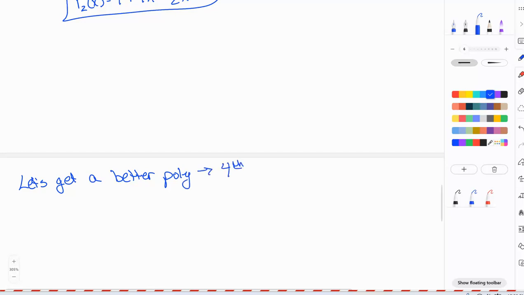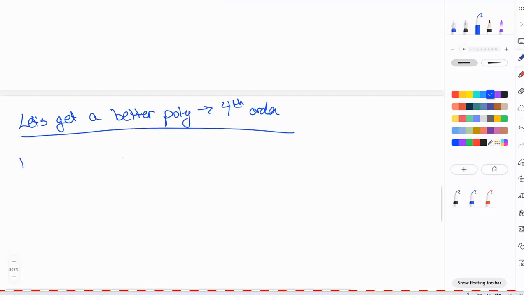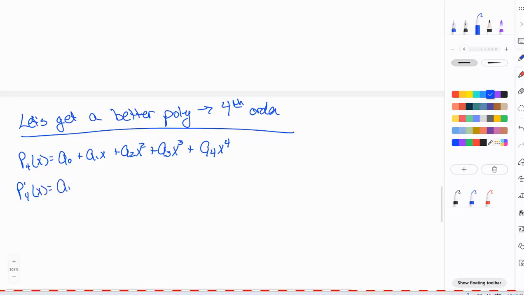Let's do a fourth order. So a fourth order polynomial would be a naught plus a sub 1x plus a sub 2x squared plus a sub 3x cubed plus a sub 4x to the fourth. So that first derivative would be a sub 1 plus 2a sub 2x plus 3a sub 3x squared plus 4a sub 4x cubed.